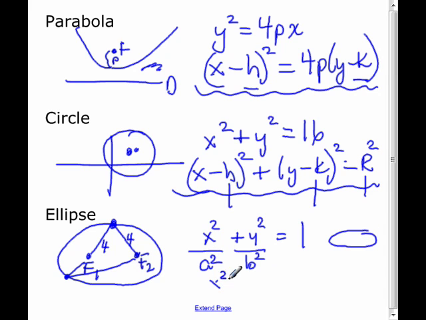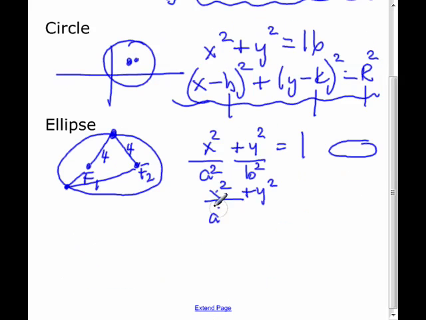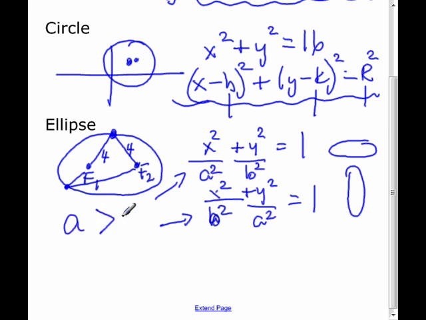If I had one where I have x squared over b squared plus y squared over a squared, then it would be up on an end. The only way I could tell the difference between these two is the size of the number. The larger number was always a. In other words, a is always greater than b in an ellipse. And actually a is never equal to b, otherwise it would be a circle.